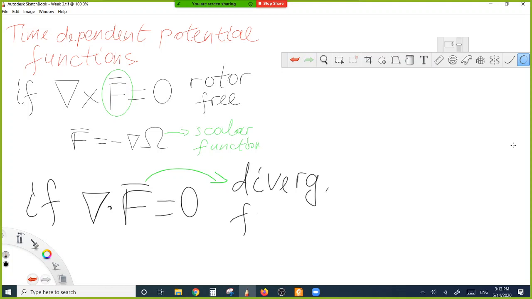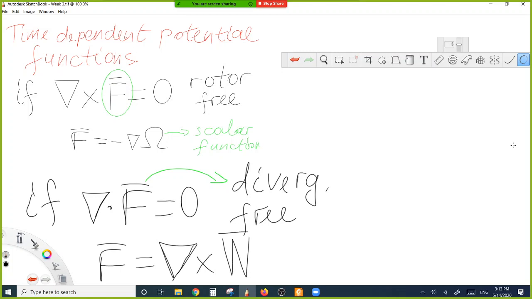In this case we can write our vector field as a rotor of another vector field W, where W is a vector potential.